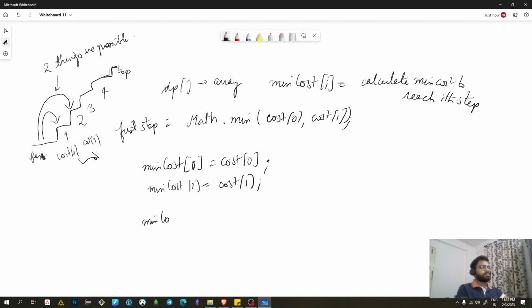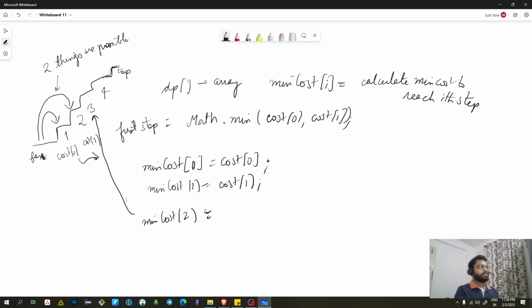This is interesting. To calculate the minimum cost of the third step, to reach this step you can either take one step from here or two steps from here. So it is reachable from the first or second step, the third step I'm talking about. So which one would you have taken to minimize the cost to reach the third position?